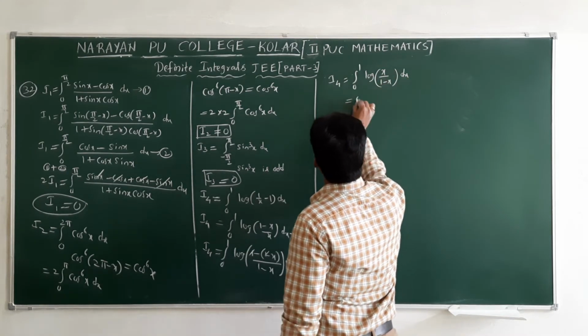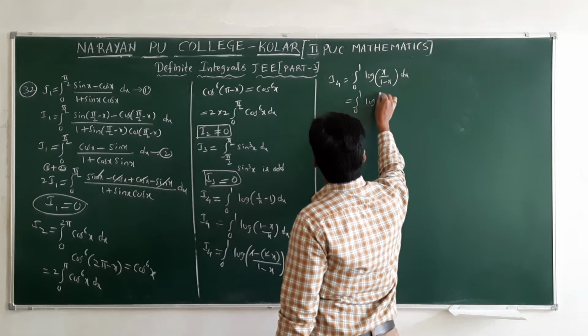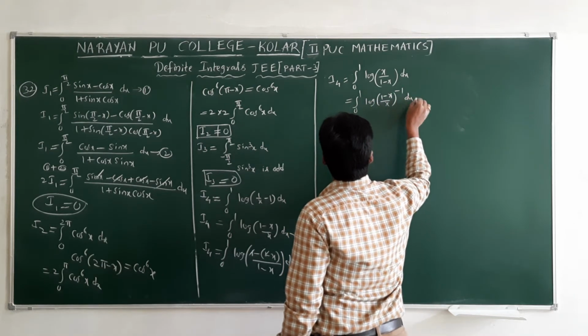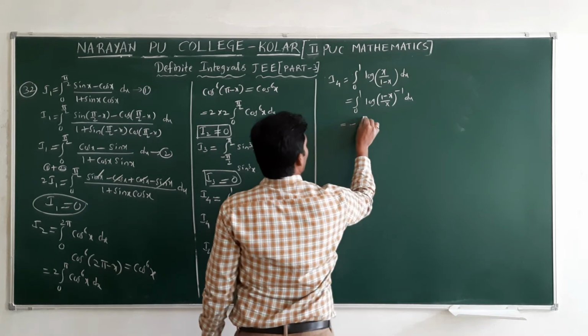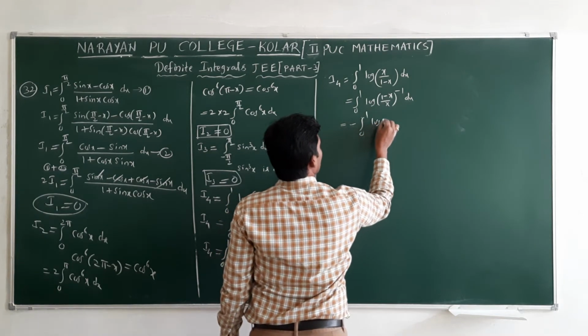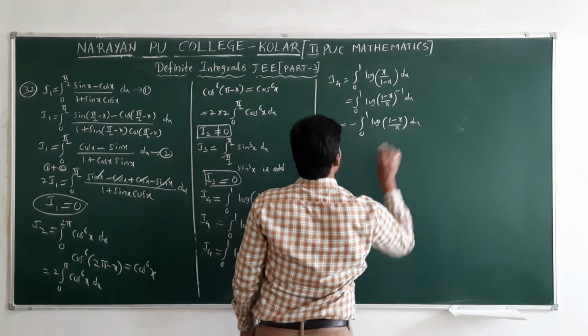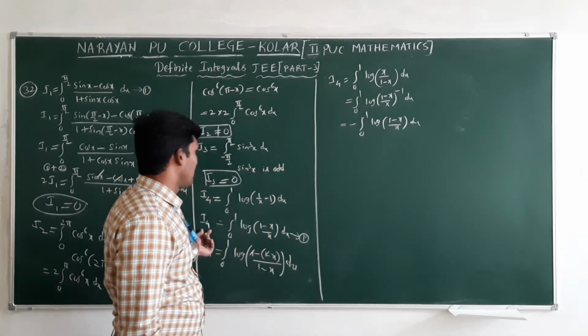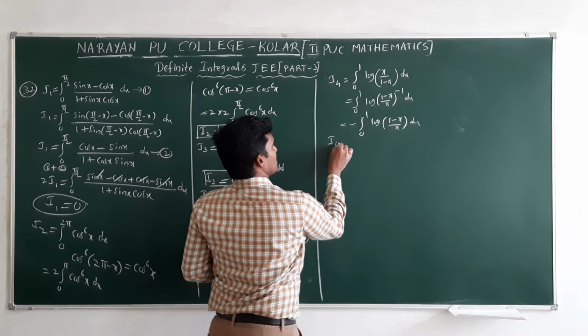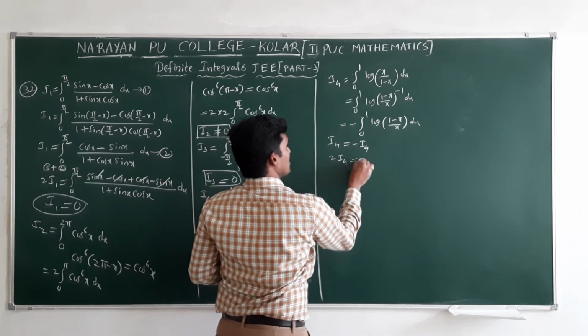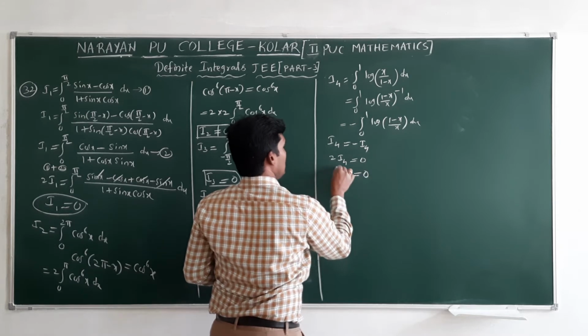I will reverse this: the integral from 0 to 1 of log of ((1 − x)/x) inverse, so the power comes out as minus, minus the integral from 0 to 1 of log((1 − x)/x) dx. From equation number 1, this complete value is I4, that is I4 minus I4, so 2I4 equals 0. That is I4 equals 0.